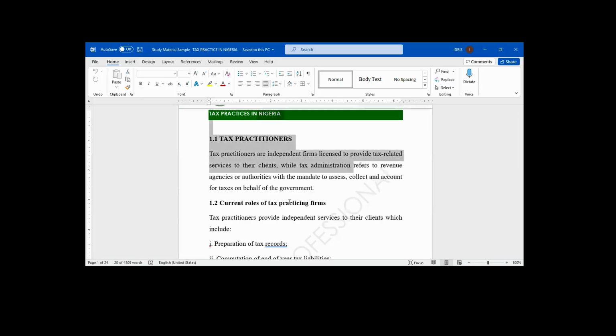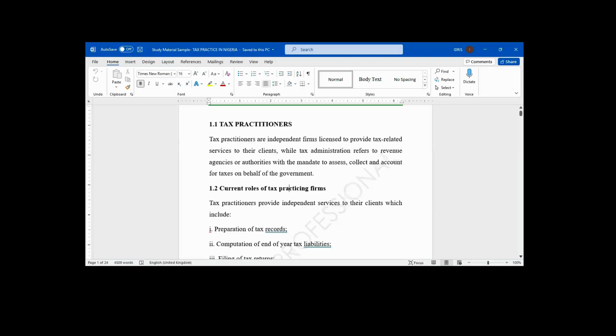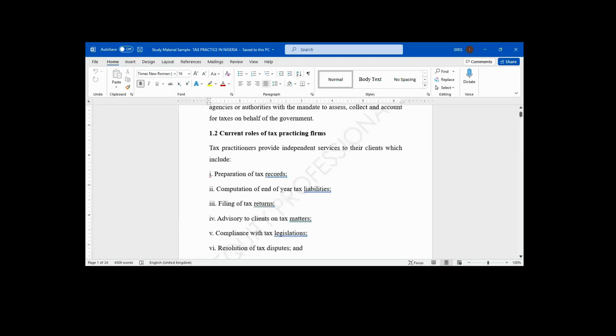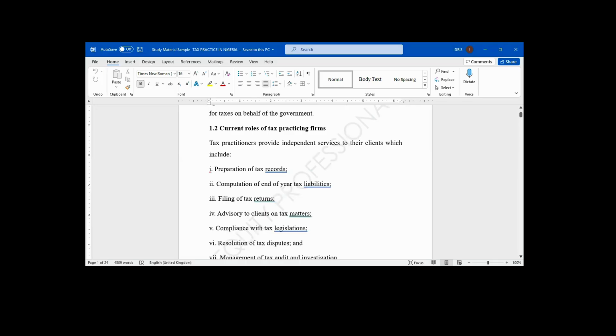Now, what are the current roles of a tax practice firm, that is, the roles of a tax practitioner? As a tax consultant, what is your own role? When you own a tax practice firm, what services do you perform?